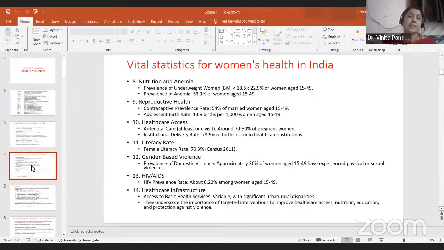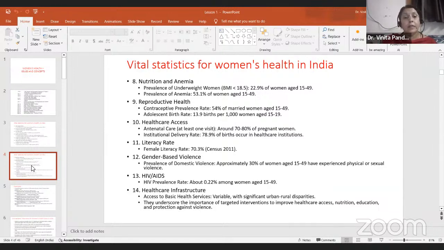Then healthcare access, literacy rate: according to the 2011 census, the female literacy rate is about 70.3%. Gender-based violence is one critical concern because when a higher level of violence exists against women, then her health care definitely takes a back seat. And then HIV/AIDS, one of the sexually transmitted diseases, about 0.22% of women aged between 15 to 49 years have HIV/AIDS.